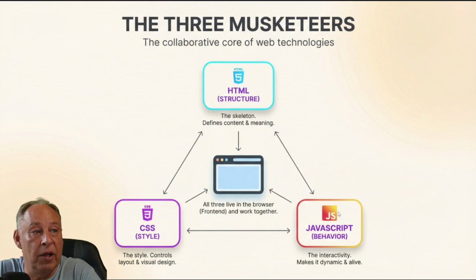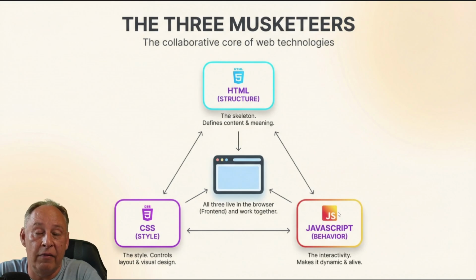You have the HTML, and HTML, by the way, grew. We had in the beginning 10 tags or so, so you could have a heading 1 and a heading 2. You could have bold, italic, things like that. But HTML grew and grew.